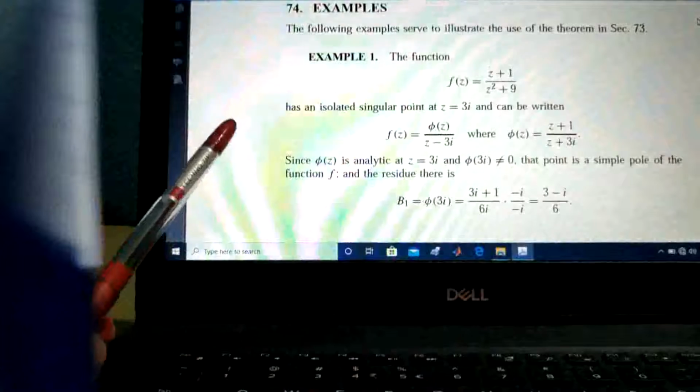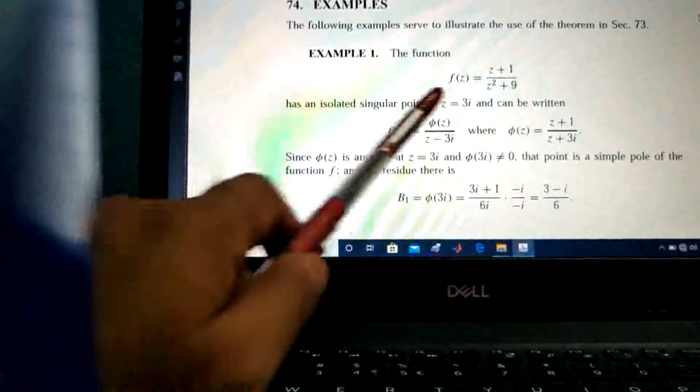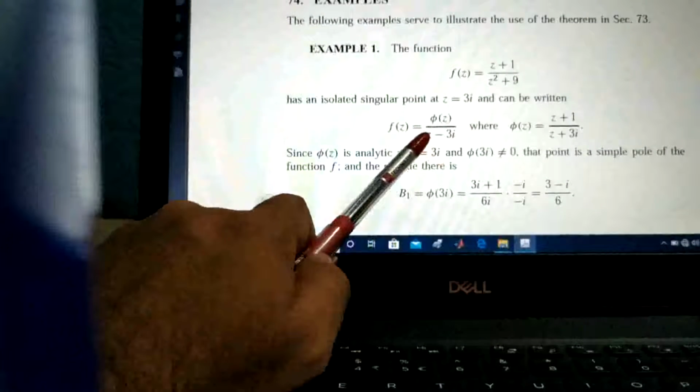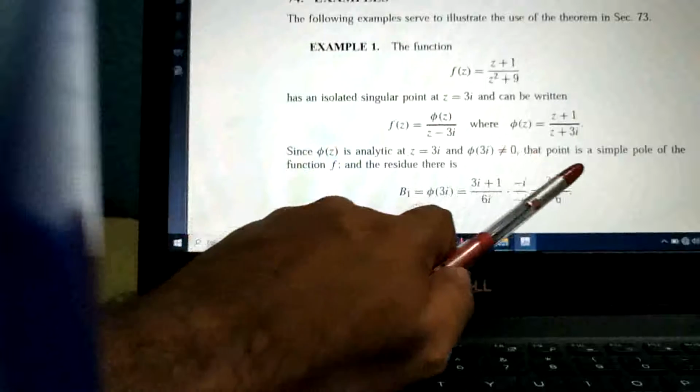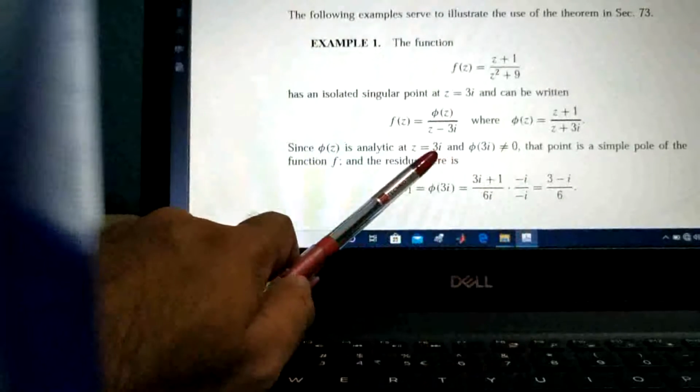Put z equals to 3i, it will be non-zero. So verifying these two, and since here m equals to 1, we can say that z naught, which is 3i, is a simple pole of the function.